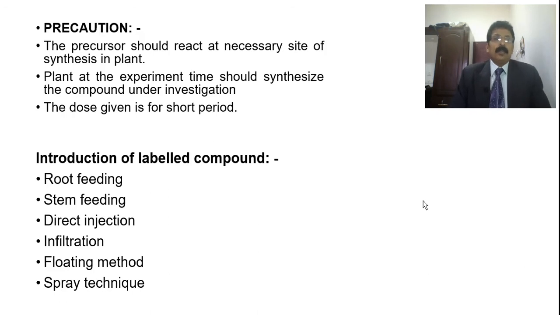The techniques that can be followed include root feeding, stem feeding, direct injection into the plant, infiltration, the floating method, and spraying. These are some of the techniques for giving the dosage to the particular plant in your experiment to study biosynthetic pathways.